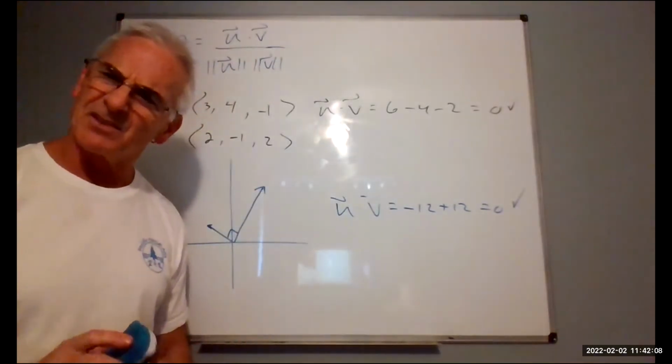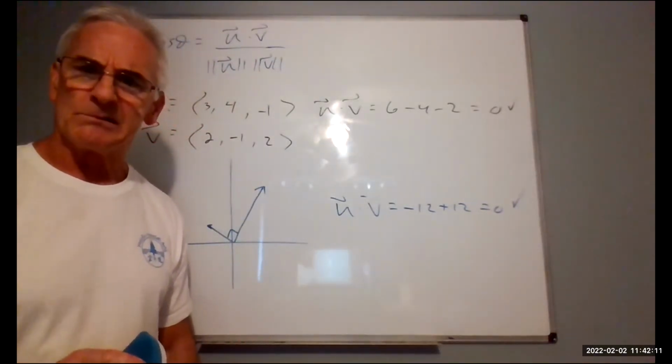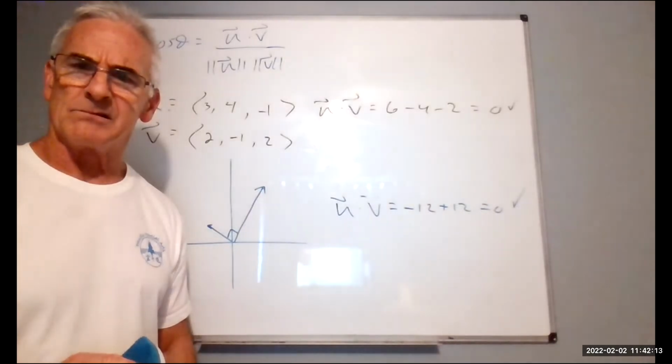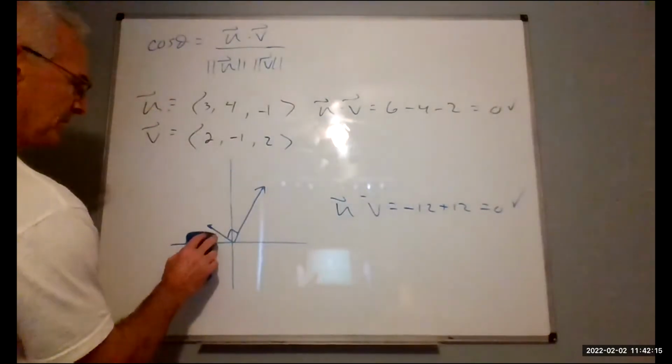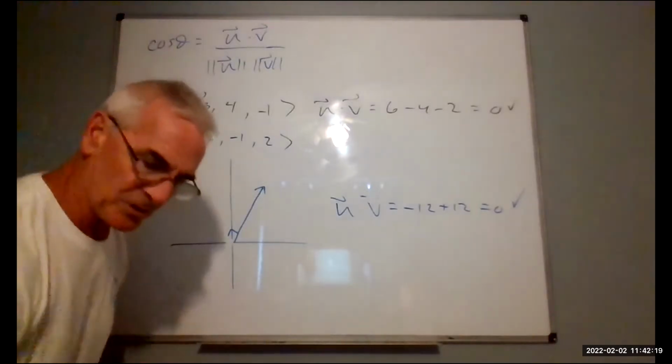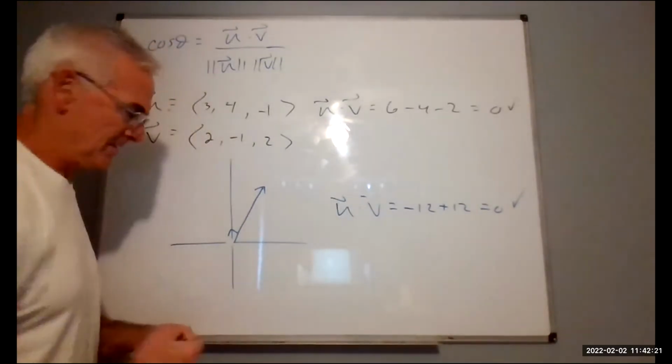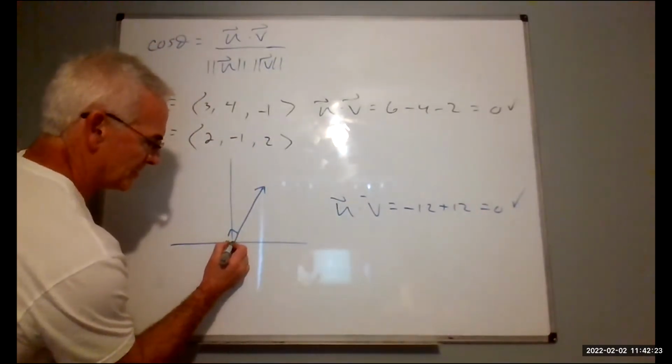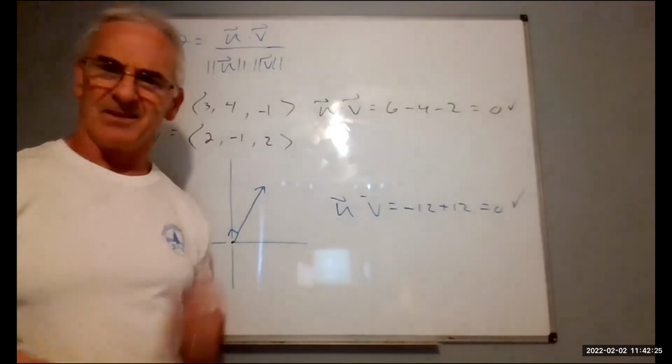what if one of my vectors is the 0 vector? Is that a problem if one of my vectors is actually the 0 vector? Because what is the 0 vector geometrically? It's just the origin, isn't it? It's just that point.